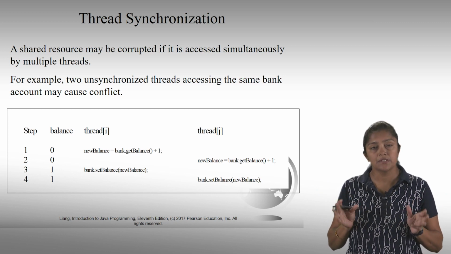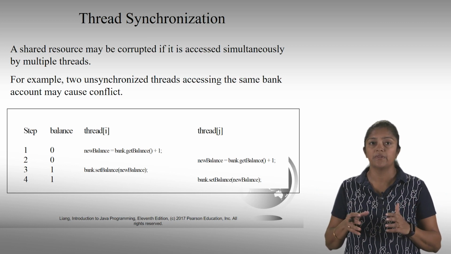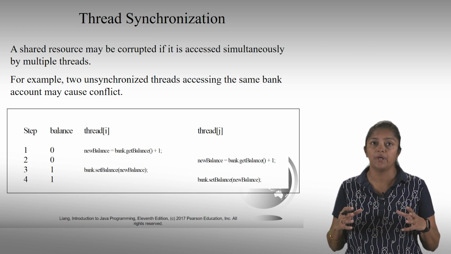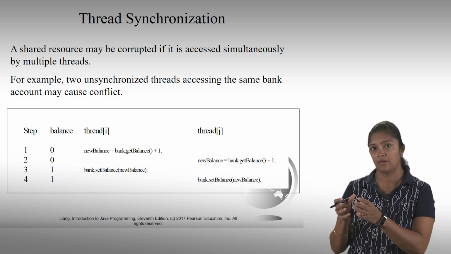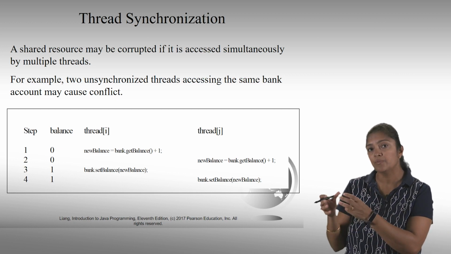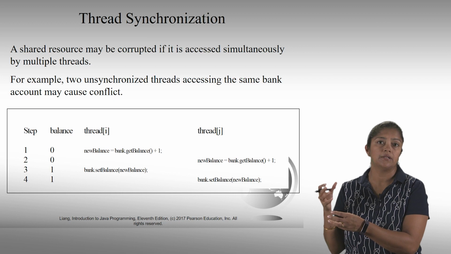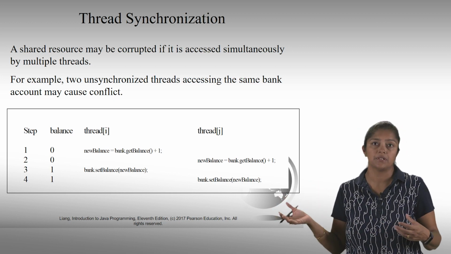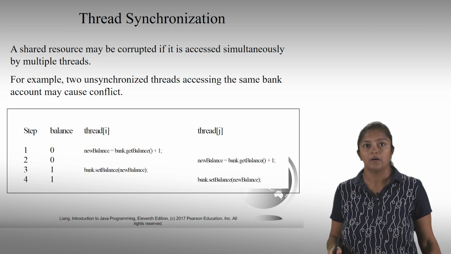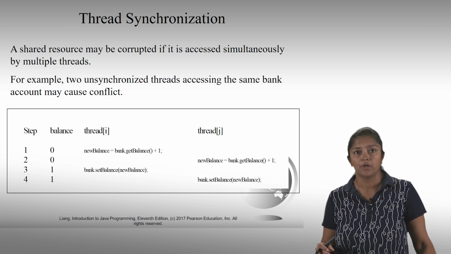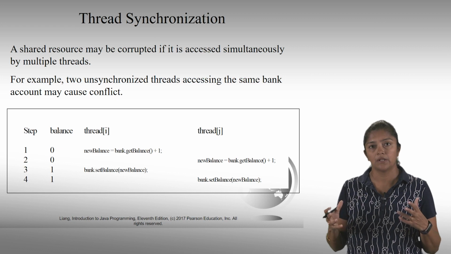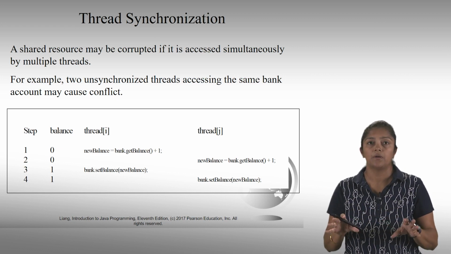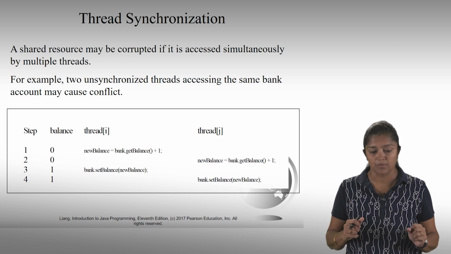There are thread synchronization issues whenever there's a shared resource, and then the shared resource needs to be locked by a thread before it starts using it, to ensure that it doesn't get corrupted, or that incorrect computation is not done by other threads. So it's very important to use the lock and unlock feature on shared resources in order to not get into thread synchronization problems.